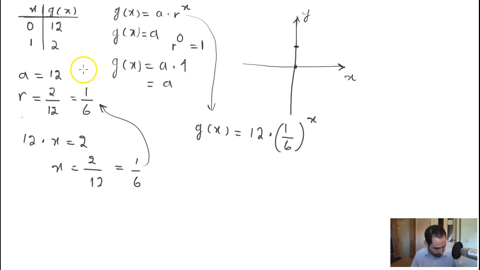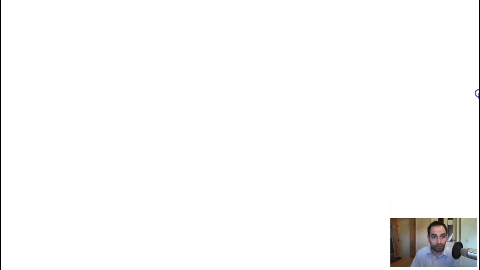We have another example here, and we have some time, so we could do another one of these. Let's say you have another table of the same type, with x and h of x, and I already know that this is an exponential function.